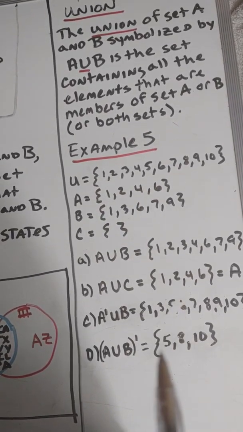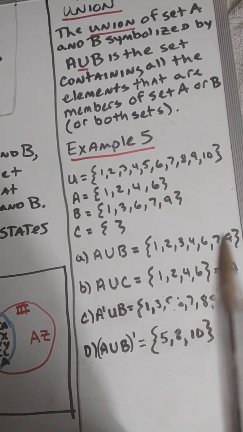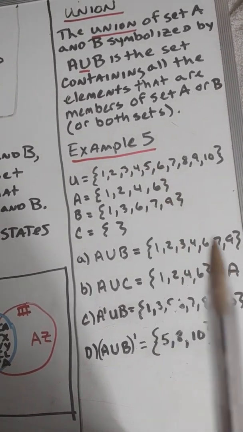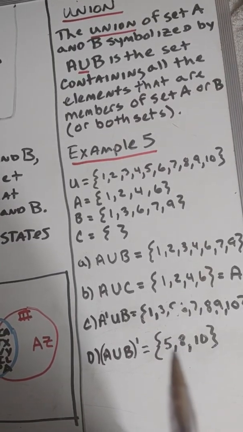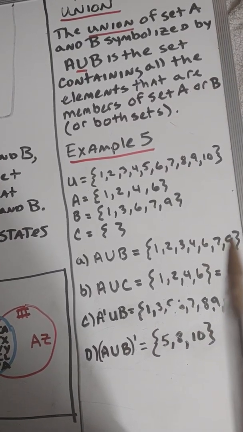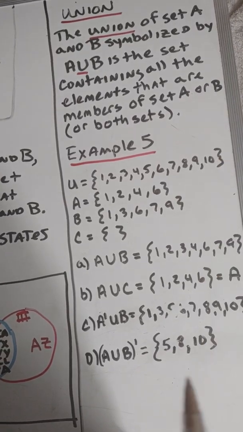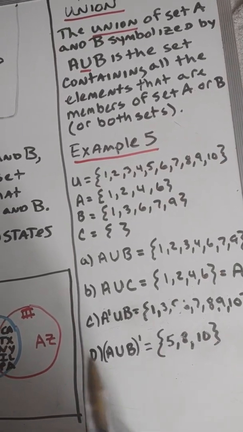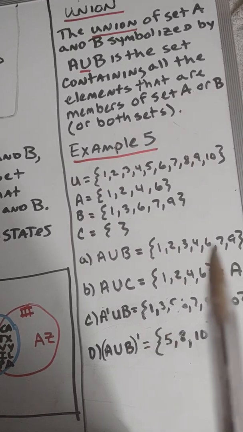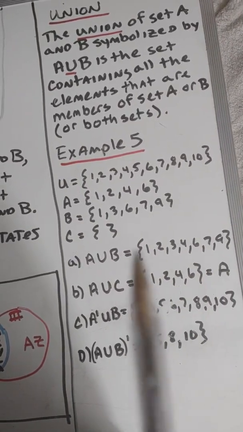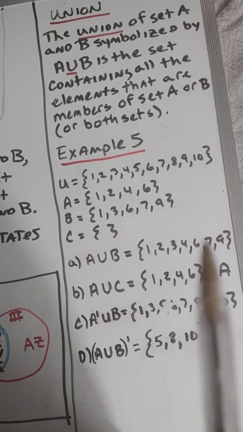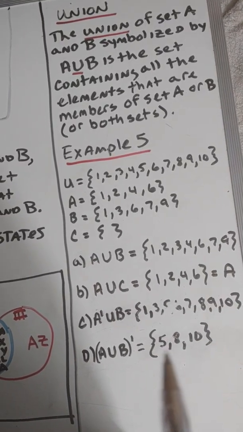So 5 would go as a complement. 6 is in there, 7 is in there, 8 is not, so 8 would be a complement. 9 is in there, 10 is not. So the complement of A union B would be the elements that aren't in this union, which is 5, 8, 10.